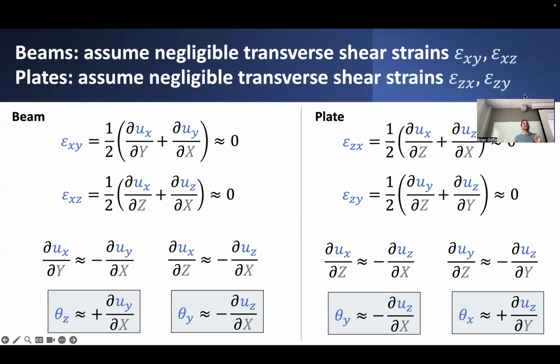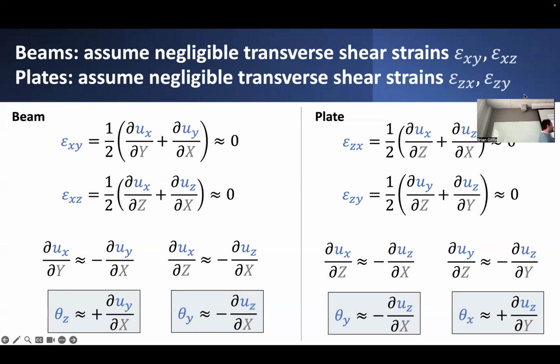We can set those approximately equal to zero, which is roughly equivalent to saying that this term in this expression has to be equal to this term shifted by a minus sign. Same thing, this term has to be equal to minus uz partial derivative with respect to x.